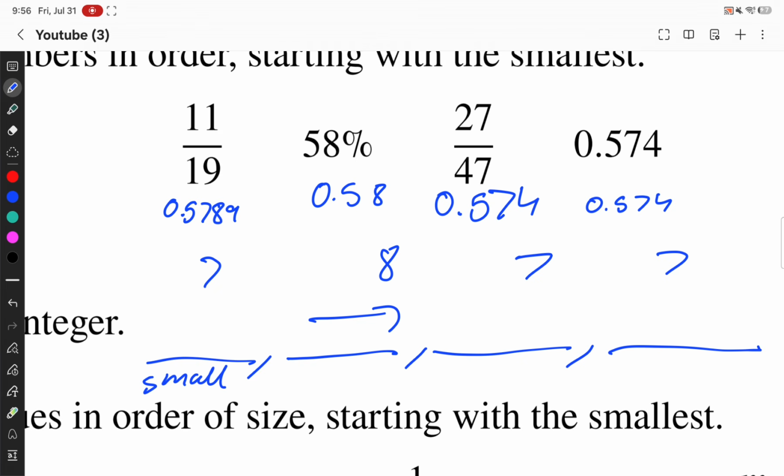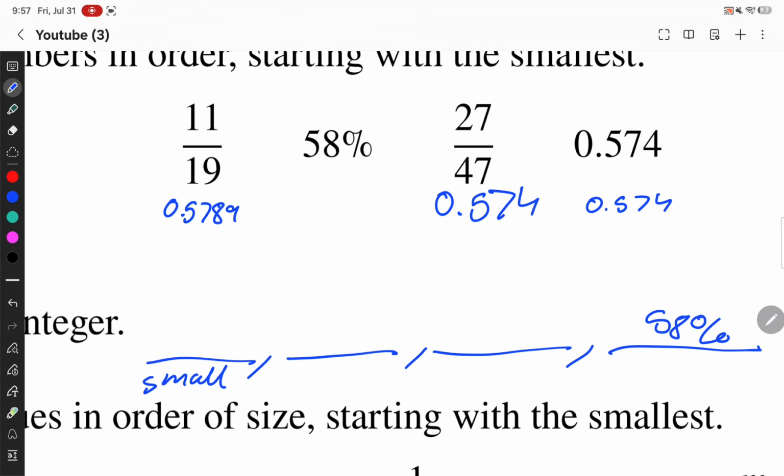If there's a larger digit, it will be ranked higher, so since this is larger, we will have 58% as our largest number, and we can then go on. The fourth digit is 8, 4, 4. Here this is the largest, so this is in second place, 11 over 19. Next, the other digit.